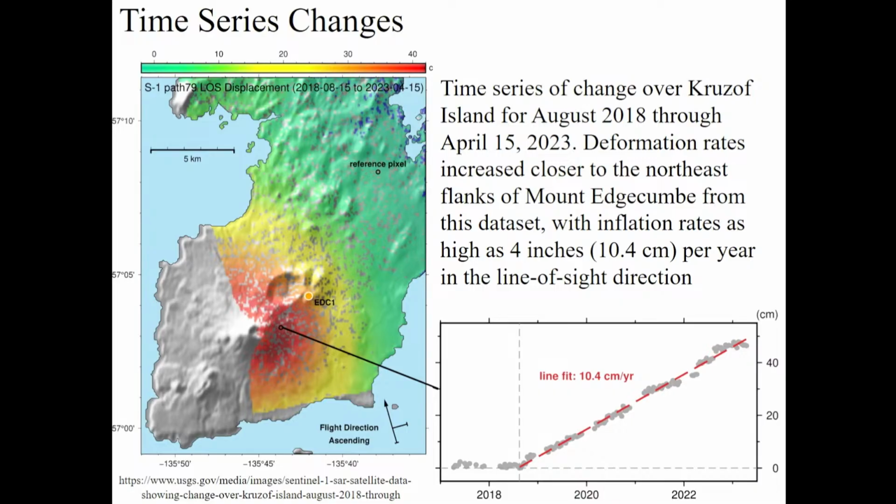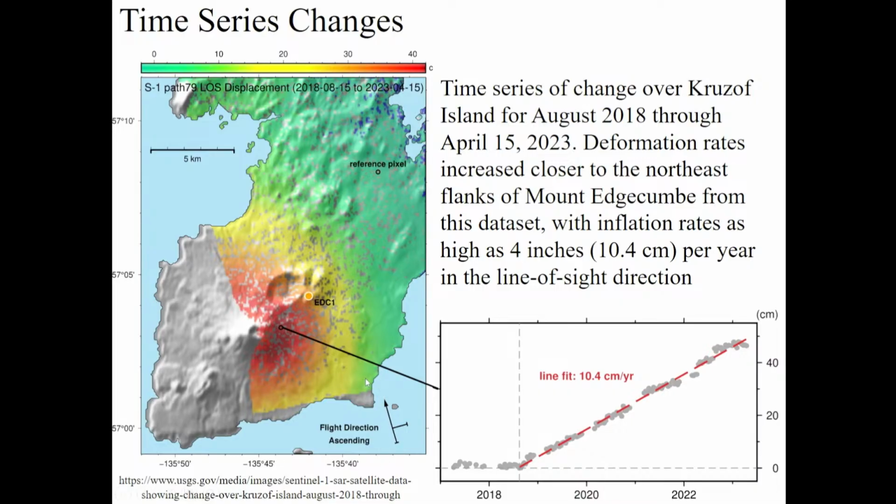Now this is another study which is available on USGS. With the help of the Sentinel-1 dataset, a study was carried out. A time series change was detected for Kruzof Island for August 2018 through April 15, 2023. A deformation rate could be seen here, and the flight direction in the ascending path is represented here.